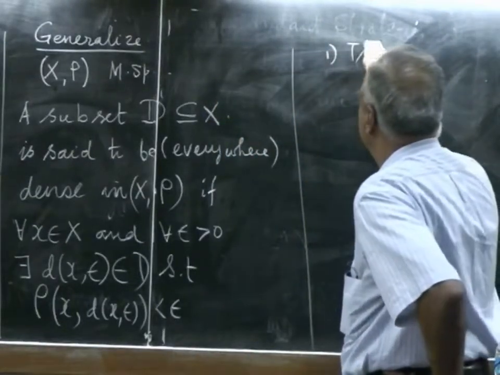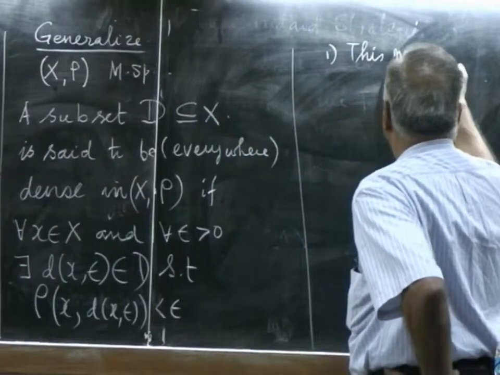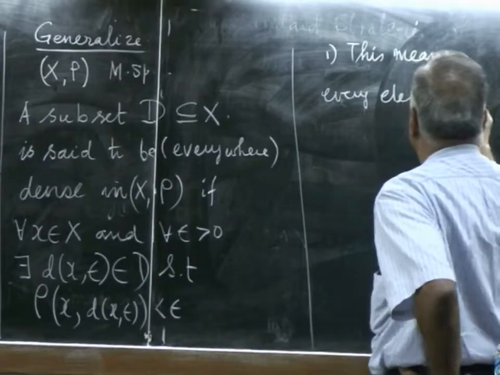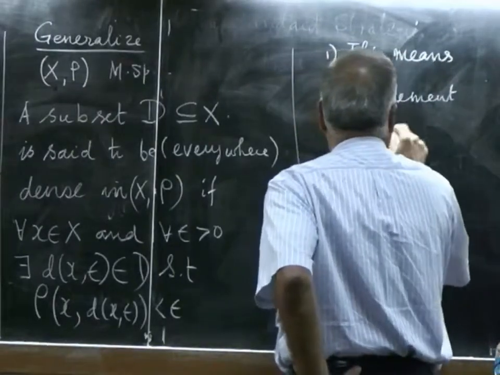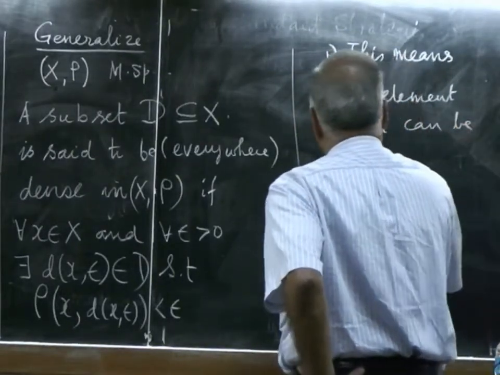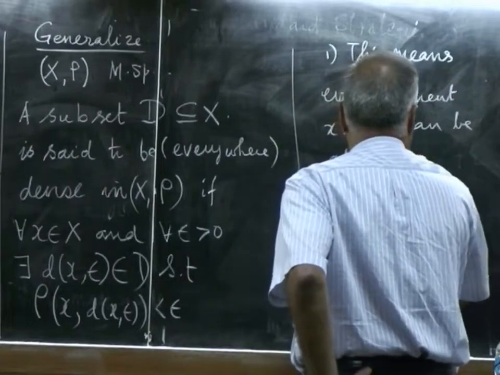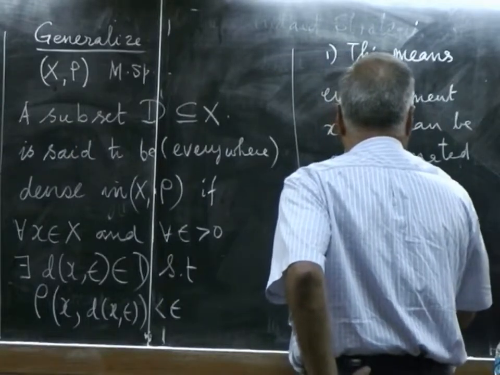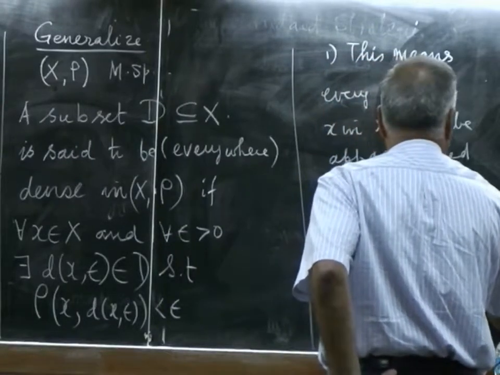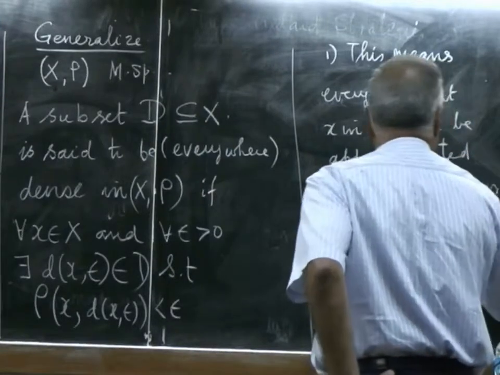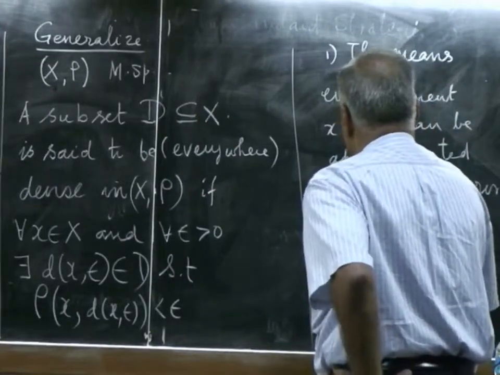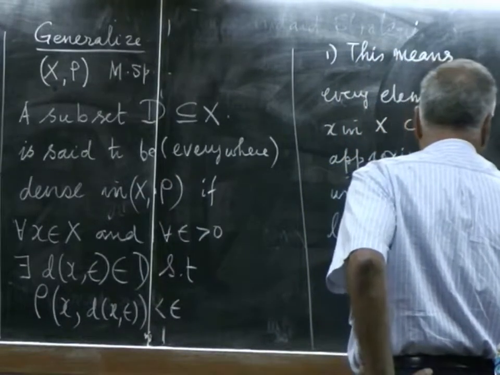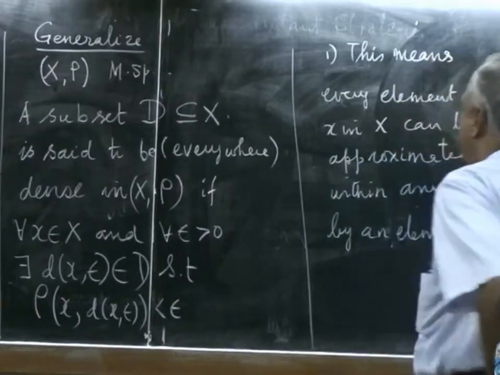This means every element x in X can be approximated within any error epsilon positive by an element of D. That is what it means.